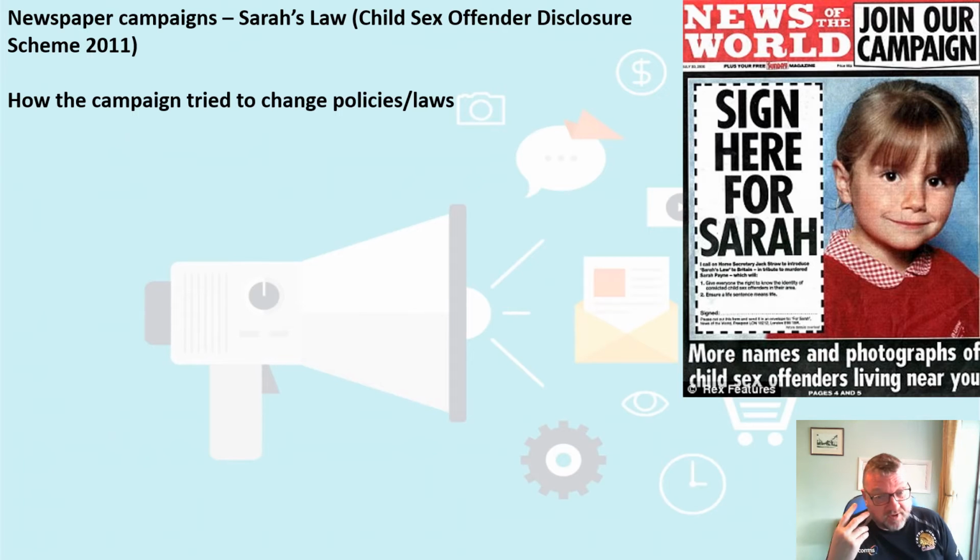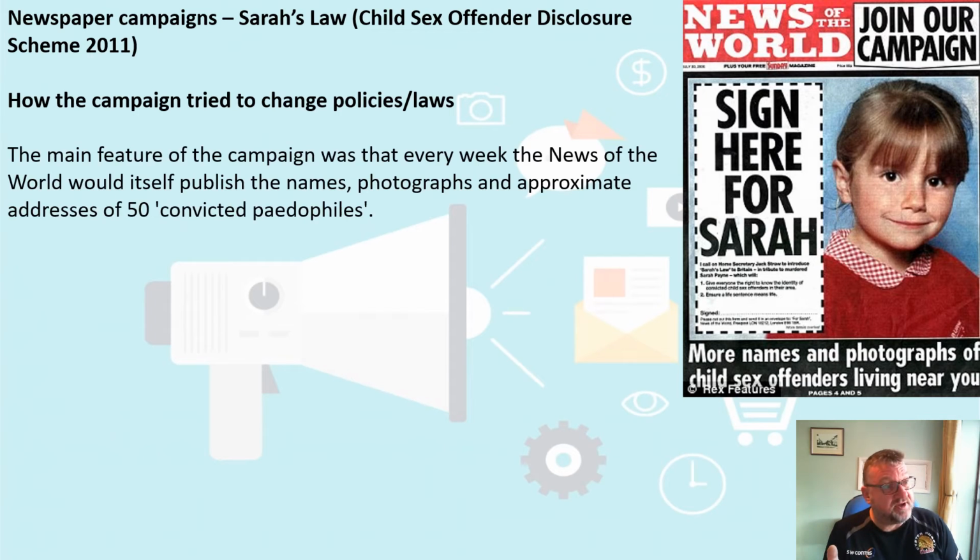Now, worth considering this bit, okay, this main feature was that every week the News of the World would itself publish the names, photographs and approximate addresses of 50 quote-unquote convicted paedophiles.